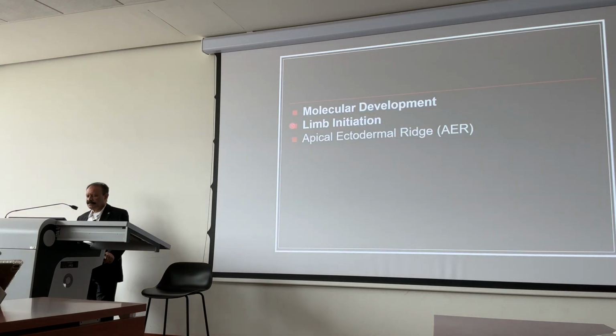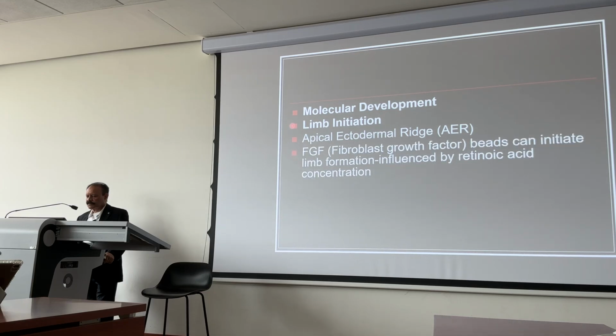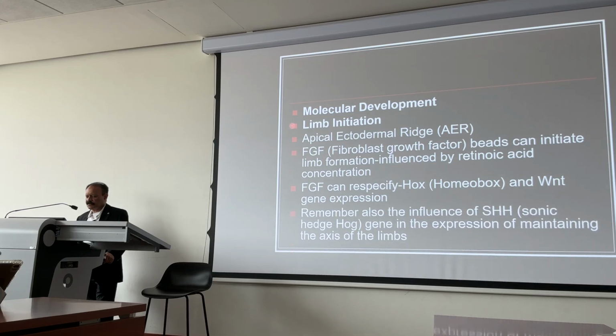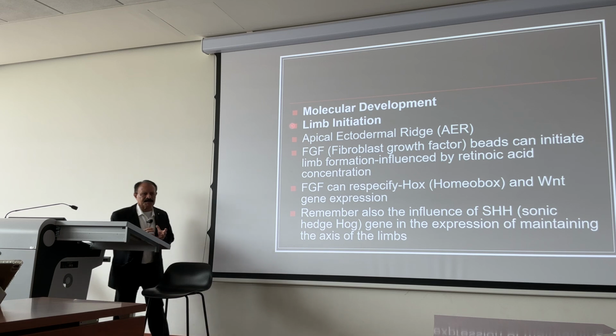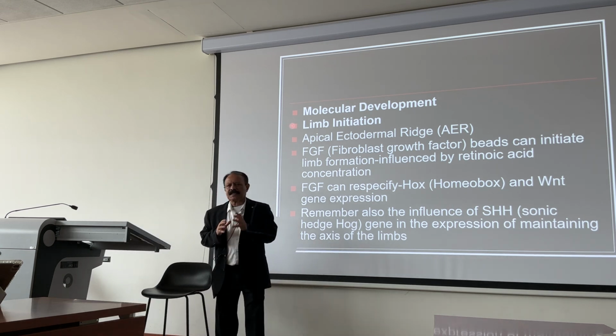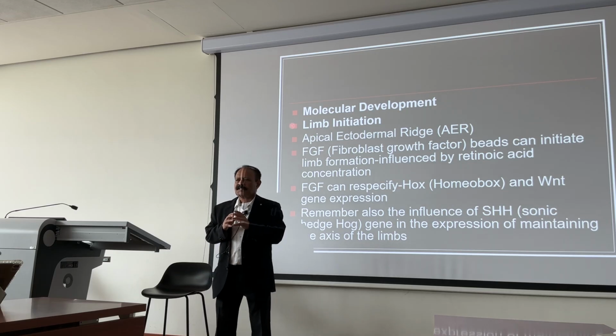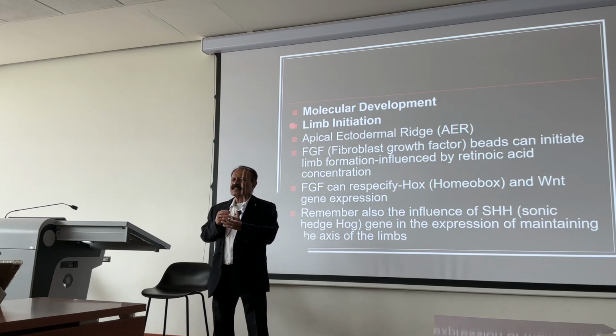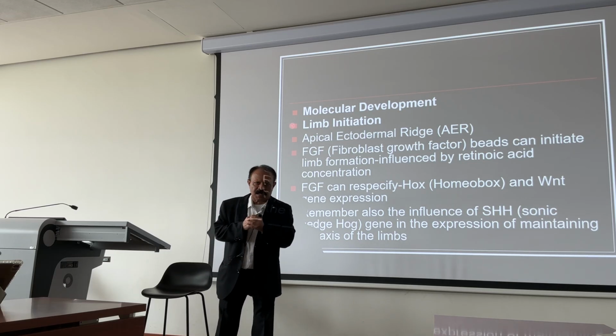And this is exactly what I have to put up there. Molecular development: limb initiation, apical ectodermal ridge, fibroblast growth factor. In detail, you don't have to know the detailing, but remember there are multiple genes responsible for that. There is also the influence of sonic hedgehog gene and the expression maintaining the axis of the limb. Many books have written very detailed accounts of this. Students do not have to know the detailing of that, so long as you know multiple genes are responsible for the development of the limb, but the initiation factor is the apical ectodermal ridge.